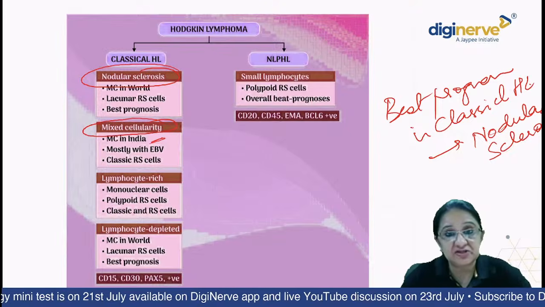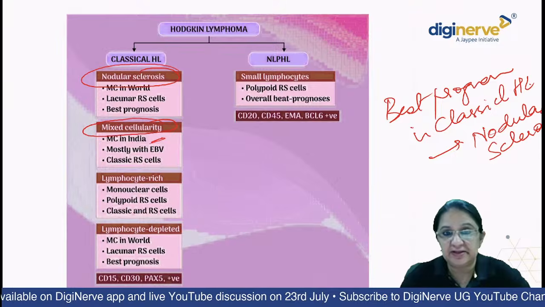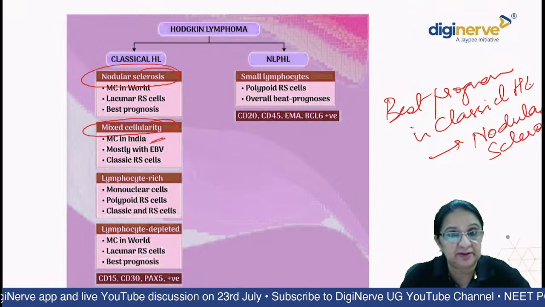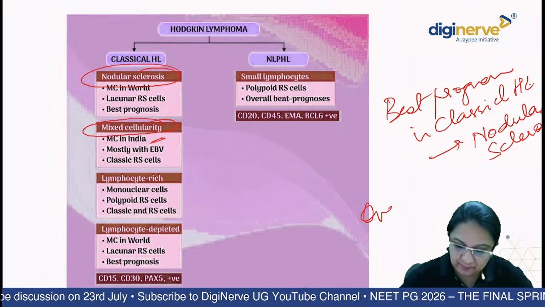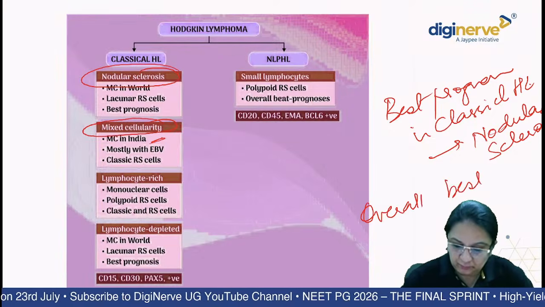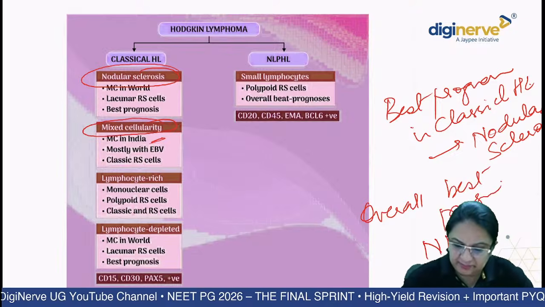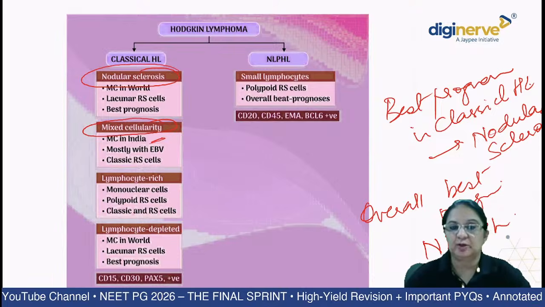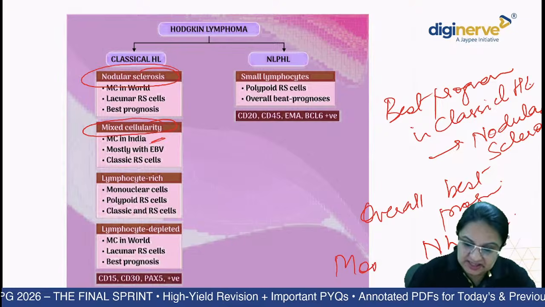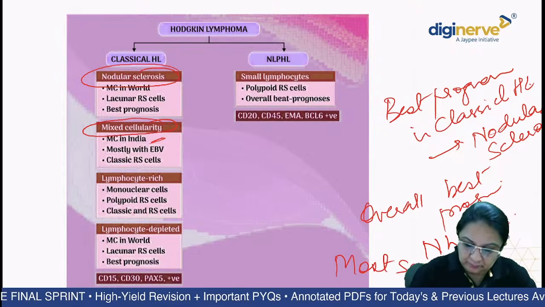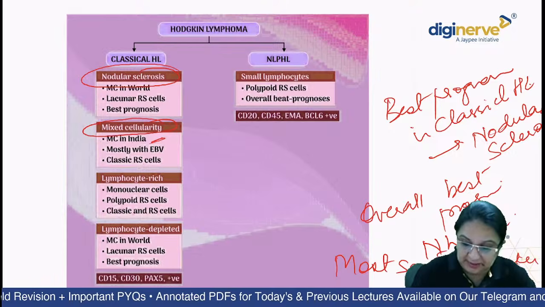Or if they ask you the best prognosis overall, neither classical nor otherwise, the overall best prognosis Hodgkin lymphoma is nodular lymphocytic predominant Hodgkin lymphoma. Also, the most sensitive marker is CD30.